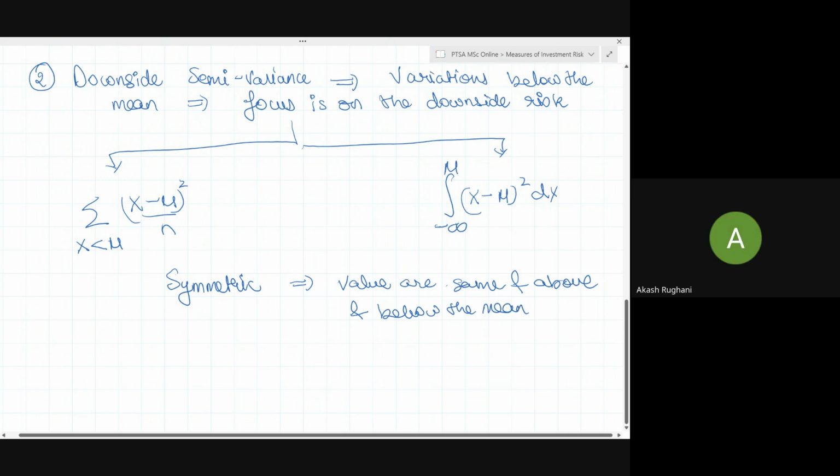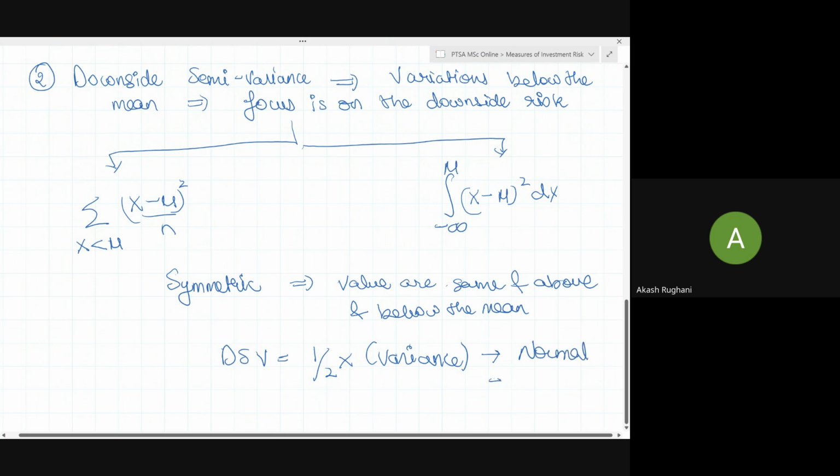So you gave an example of one. If it is a symmetric distribution, the downside semivariance will be simply half of the variance. One example that Anushka mentioned is the normal distribution.